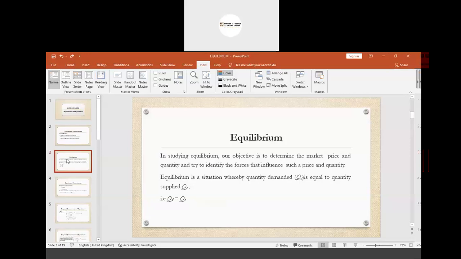When we want to study equilibrium, our objective is to determine the market price and quantity and try to identify forces that influence such price and quantity. We define equilibrium as a situation where quantity demanded is equal to quantity supplied, that is, QD equals QS.